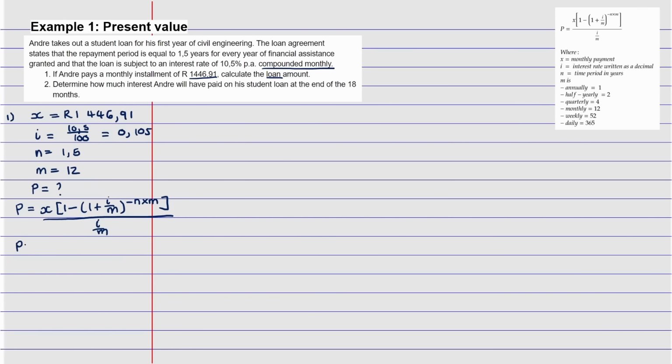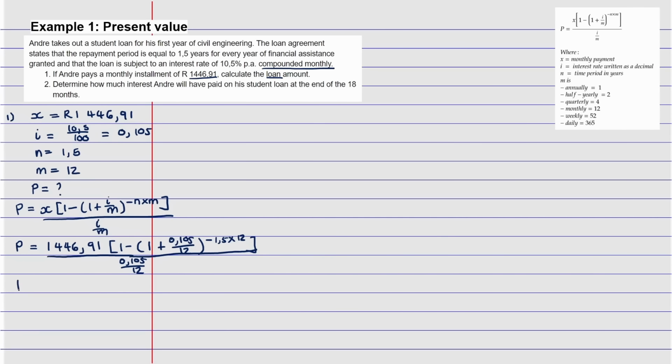Substitute everything. P is equal to 1,446.91 times 1 minus (1 plus 0.105 divided by 12) to the power negative 1.5 multiplied by 12, and this whole thing is divided by 0.105 divided by 12.